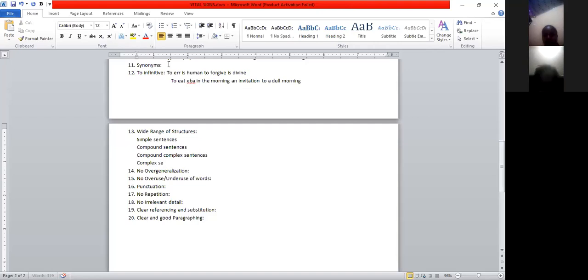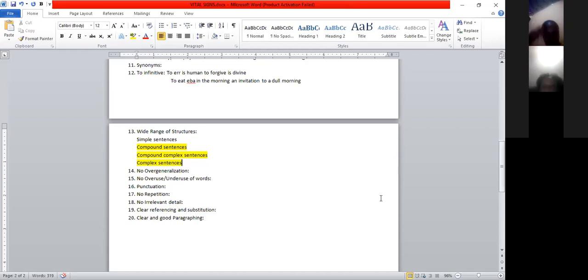Now, let me say this, that you will not be rated so high if your work is only filled with simple sentences, but you'll be rated high if your work has more of these three. You can have one simple sentence or two throughout your whole essay, but your compound complex sentences, compound sentences and complex sentences are the things that you need to score very high.